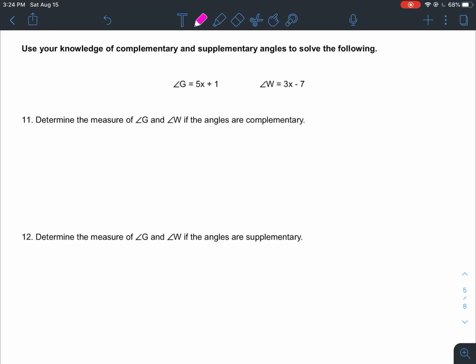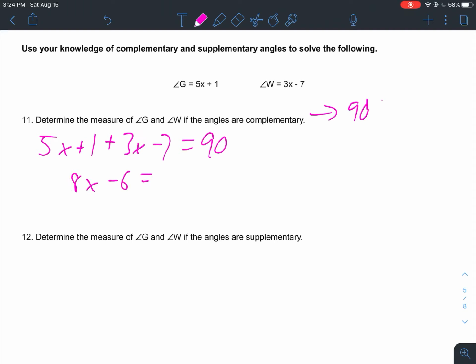Number 11. If G and W are complementary, that means they add to 90 degrees. So we're simply going to do G plus W adds to 90 degrees. That's what complementary means.